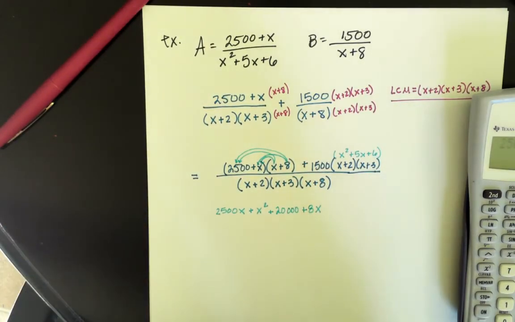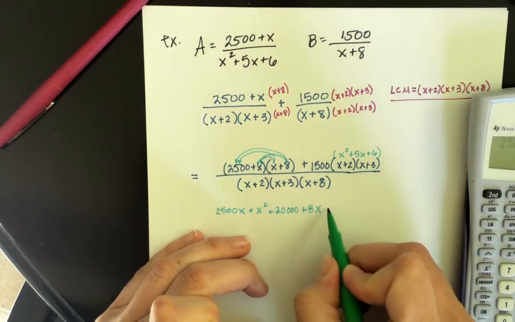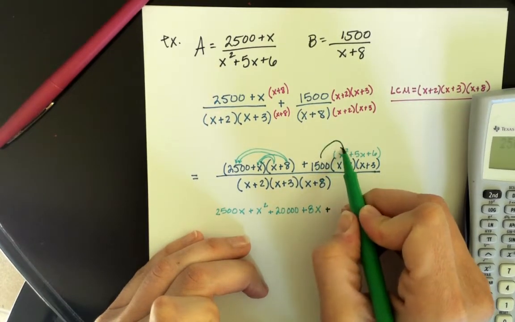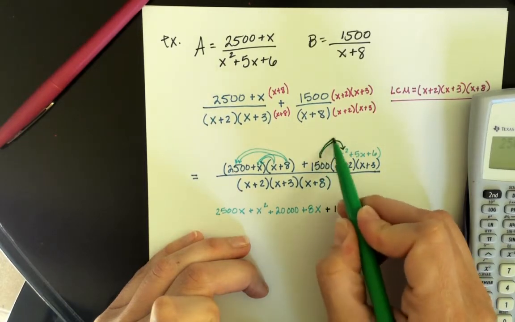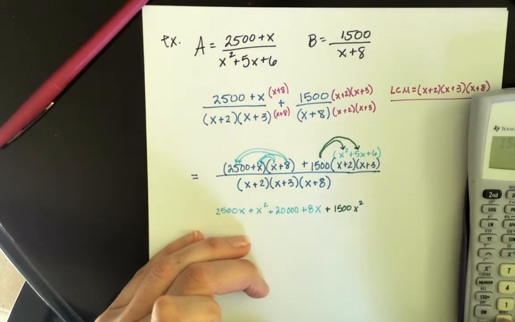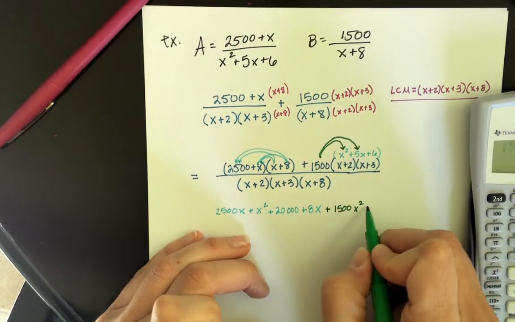In this next one, I'm going to have plus 1,500x squared. 1,500 times 5 should be 45, or excuse me, 7,500.